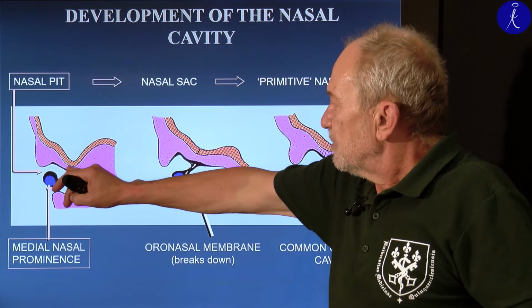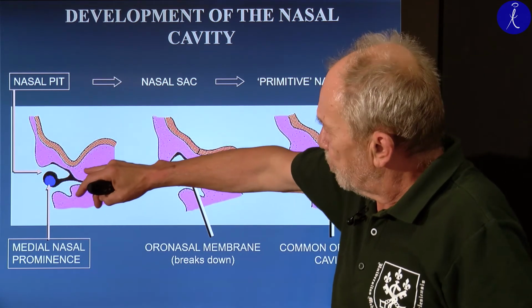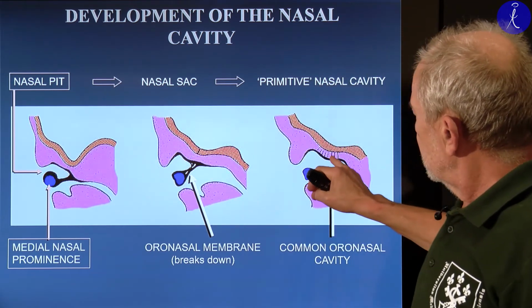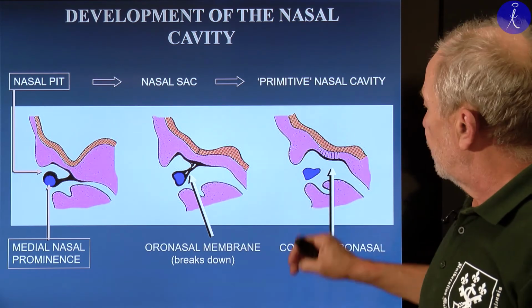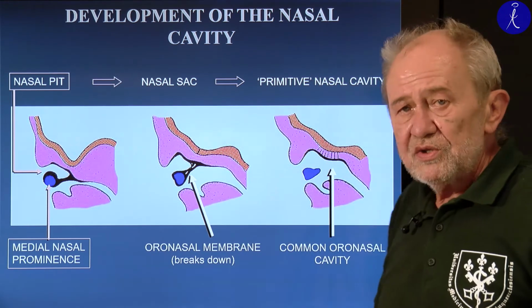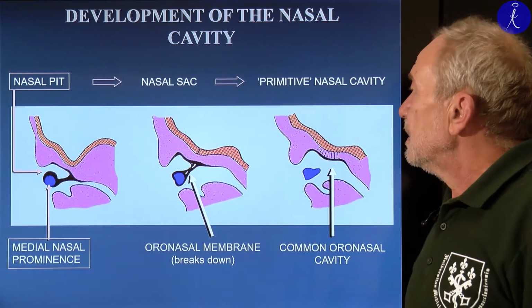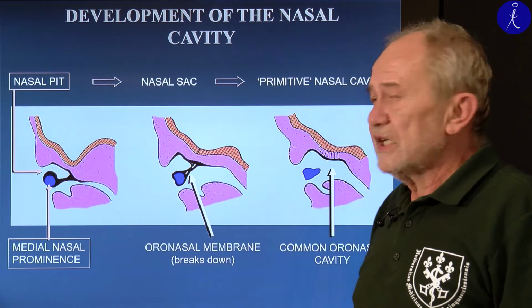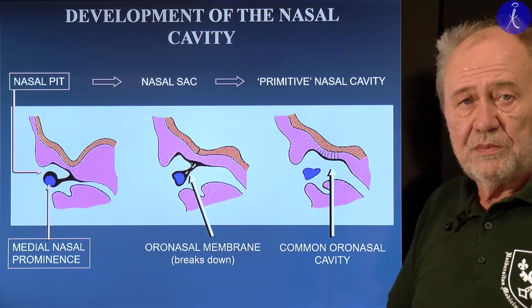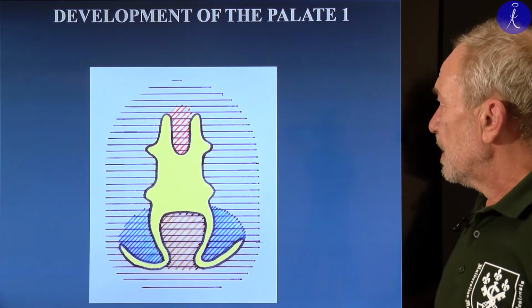When it gets pressed deep, posteriorly and up, finally it is found at the roof of the nasal cavity, which corresponds to the olfactory region or olfactory area of the nasal cavity. That's why we said that the nasal placode gives rise to the sensory epithelial cells of the nose.